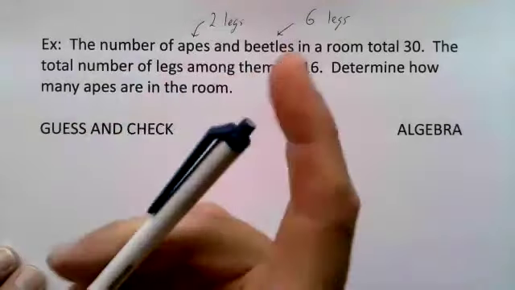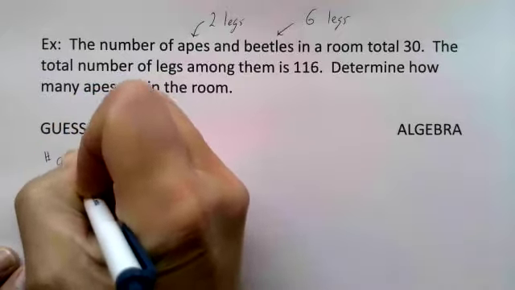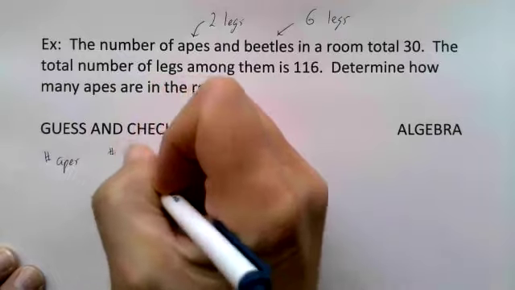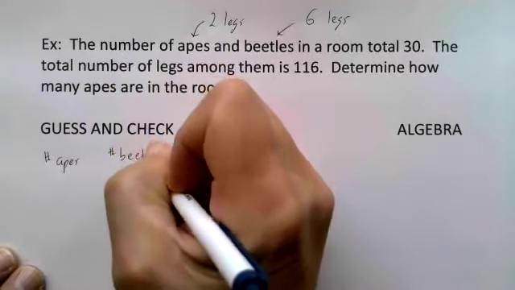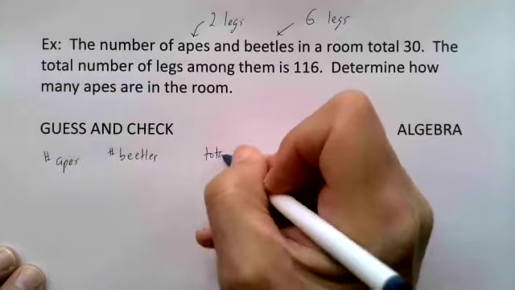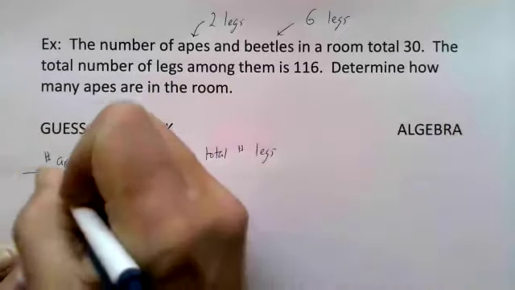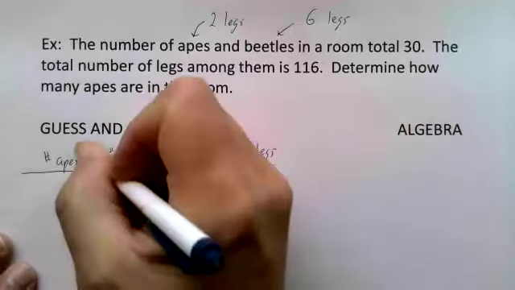I don't know how many apes are in the room. I also don't know how many beetles are in the room. We would like to check something about the total number of legs. So that will probably be my check column over here.